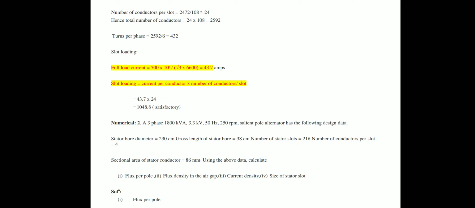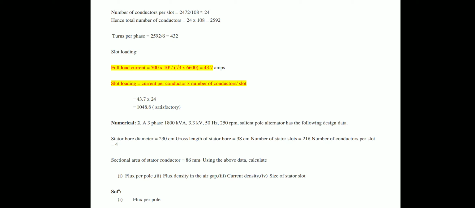Now slot loading. Full load current is equal to 500 into 10 raised to power 3 divided by root 3 into 6600, which is coming to be 43.7 amperes.